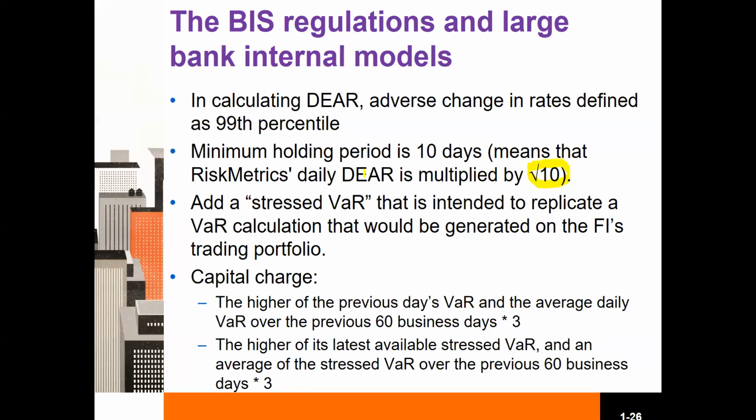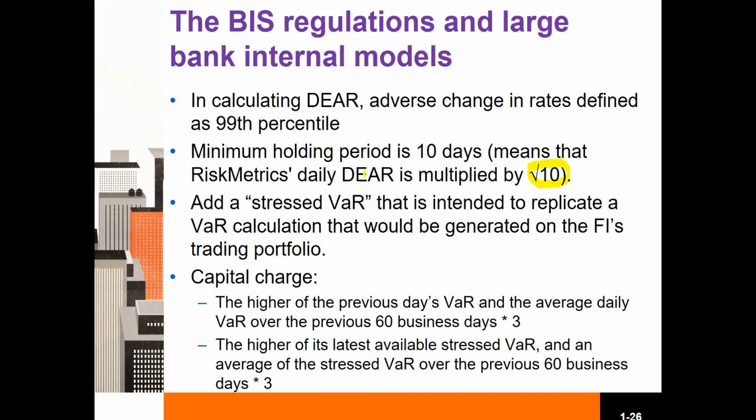Then they calculate a standard model to find the capital charge. They take the higher of the previous day's VAR, multiplied by the square root of 10, and the average daily VAR over the previous 60 days times a multiplication factor with a minimum value of 3.